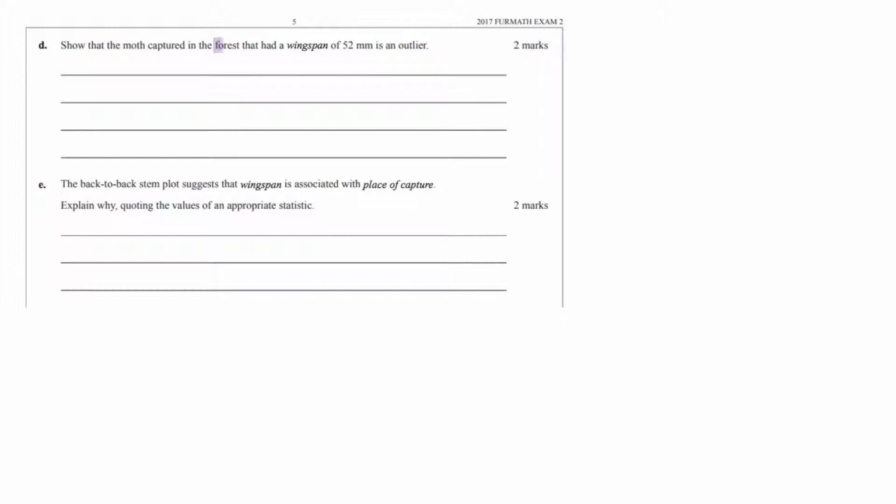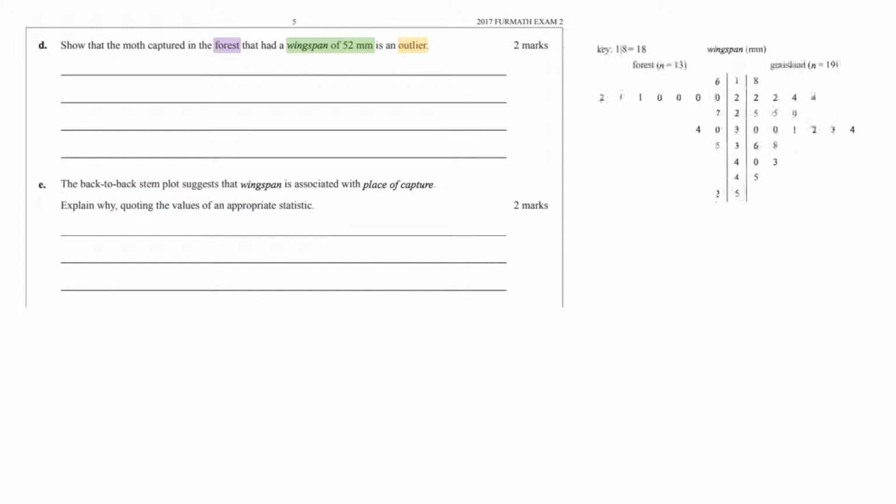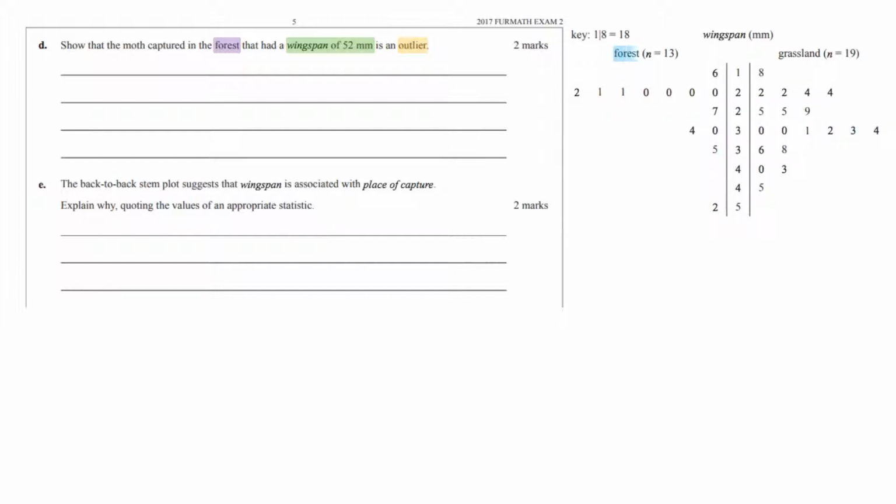Part D. Show that the moth captured in the forest that had a wingspan of 52 millimeters is an outlier. For this, we need to calculate the upper fence using the formula Q3 plus 1.5 times IQR.